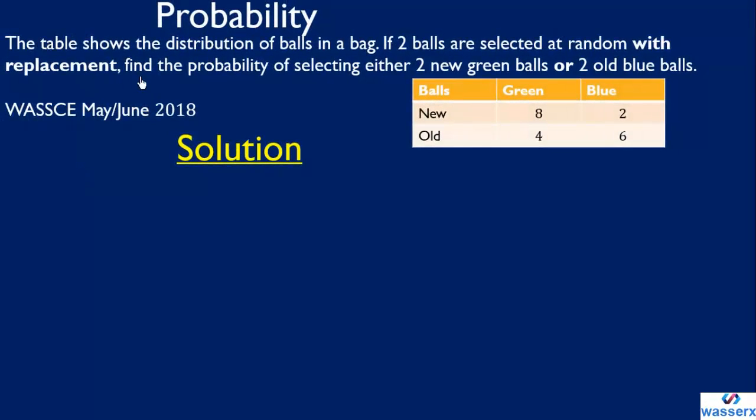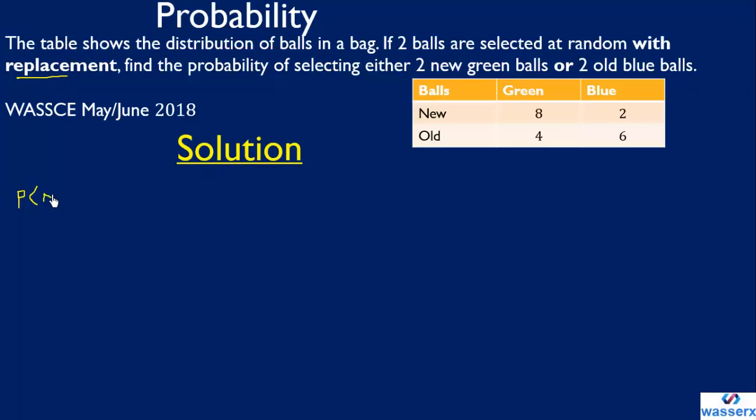Now we have this one. The table shows the distribution of balls in a bag. If two balls are selected at random with replacement, find the probability of selecting either two new green balls or two old blue balls. So we have this and we are finding the probability.